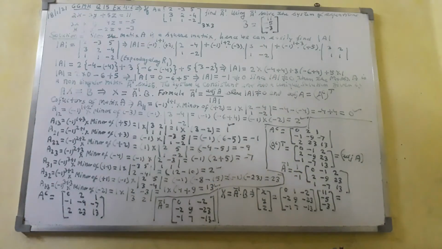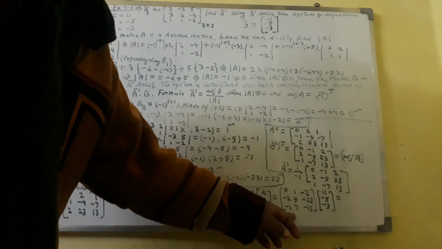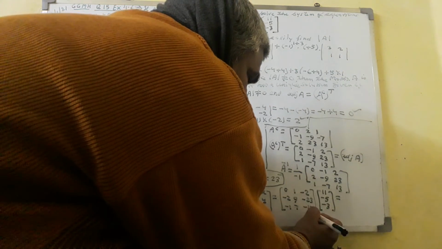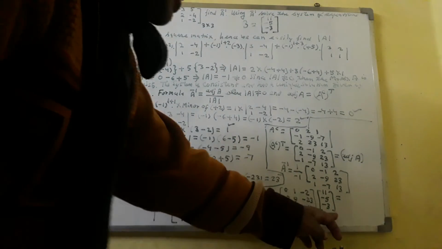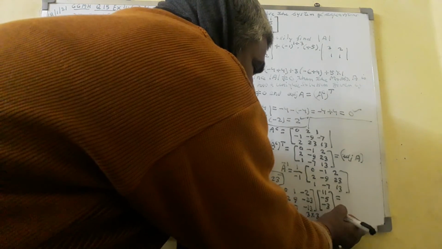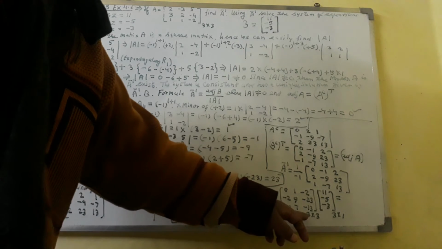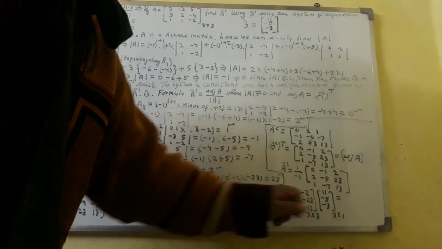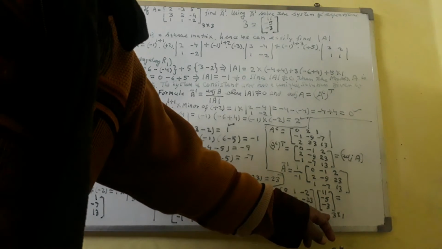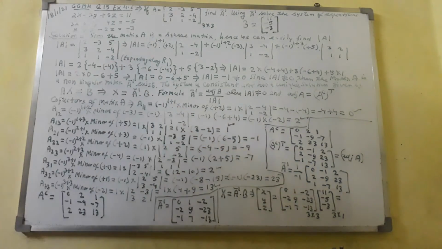So here I shall write matrix B: 11, -5, -3, equal to. Now here you can see this matrix A inverse is of order 3 cross 3 and matrix B is of order 3 cross 1.